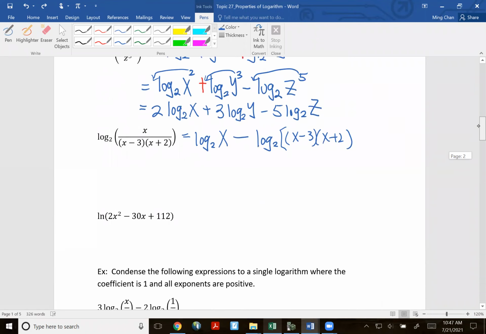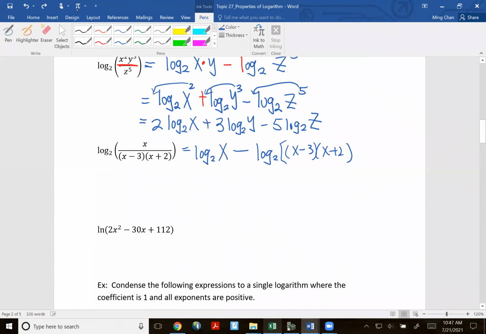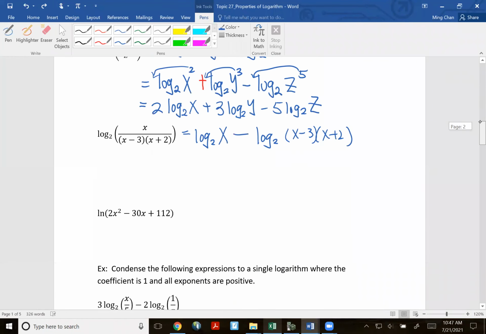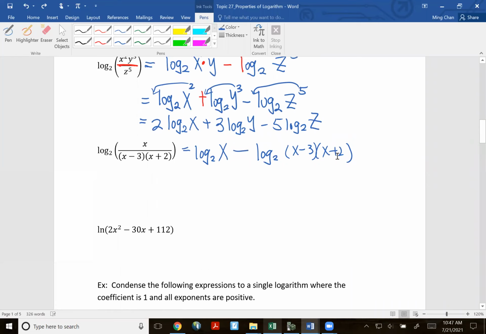So technically both factors, x minus 3 and x plus 2, together go with that logarithm. This is not two separate factors. This is not two separate things. These two, both of them go with the log with the base 2.